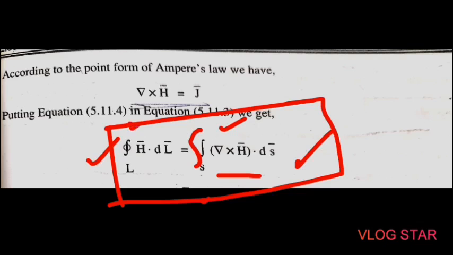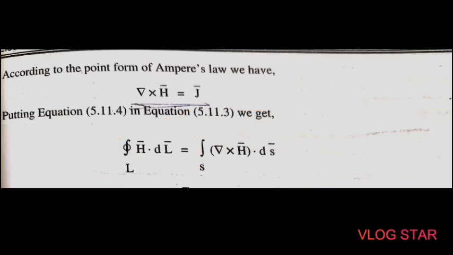So as the left hand side we consider the magnetic field intensity, and in a similar way on the right hand side we take the curl of that given parameter throughout the surface enclosed by that path. That's why we consider the surface area also. This equation indicates that del cross H bar is the curl of H bar. Whenever we calculate the curl of any parameter, we just take the cross product of del with that given term.